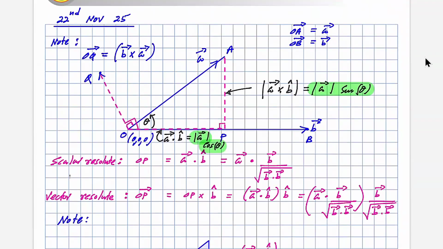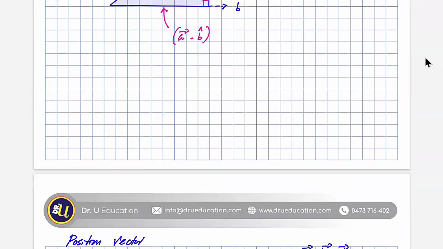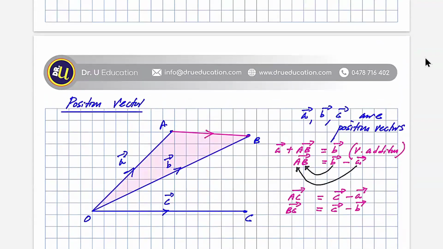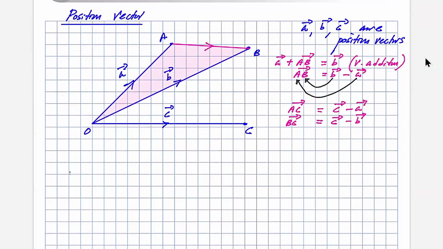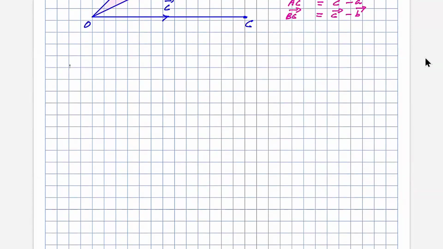So node number 1 and node number 2 and node number 3. If you understand these 3 nodes, that means you know vectors. This is the whole thing. Okay. Last note.